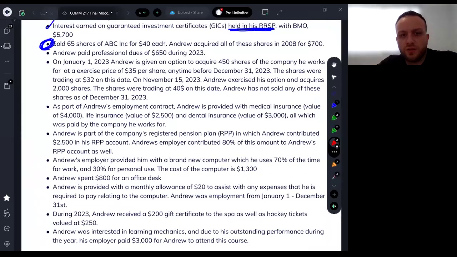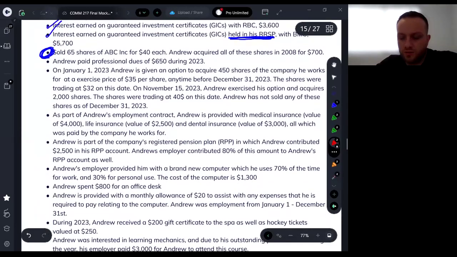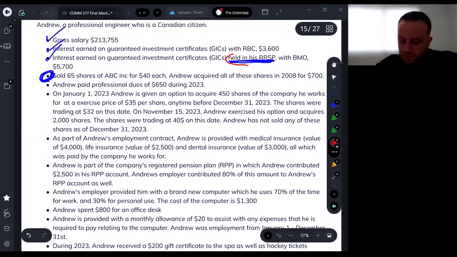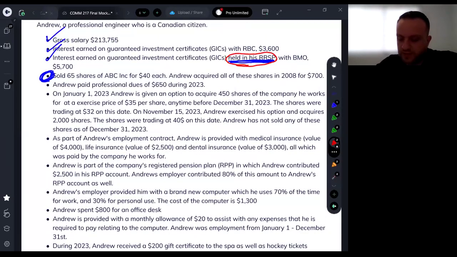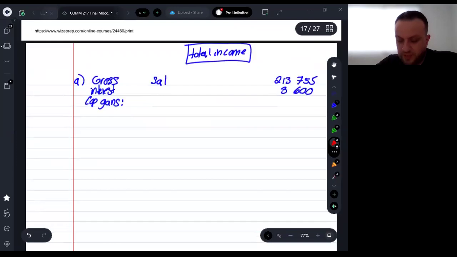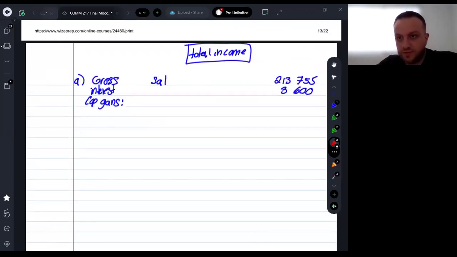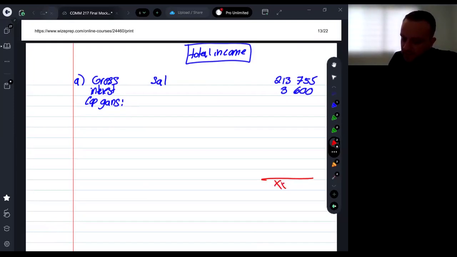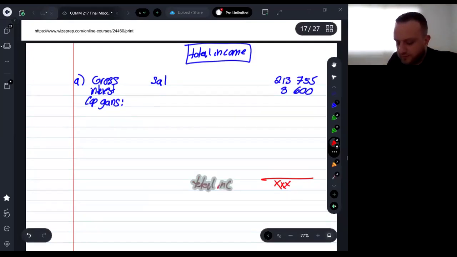Why isn't the interest earned on the investment taxable? Because it's within his RRSP. I'm talking about the one before that. It is taxable. So how do we deal with that then? Well, basically, we're saying everything he has to pay tax on, and then eventually we're gonna get his total income, which is everything he made. Okay.